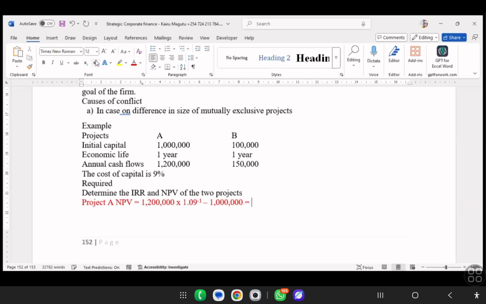How much is the NPV? Someone give me the NPV for this. Put it in your calculator and give me the answer, please.